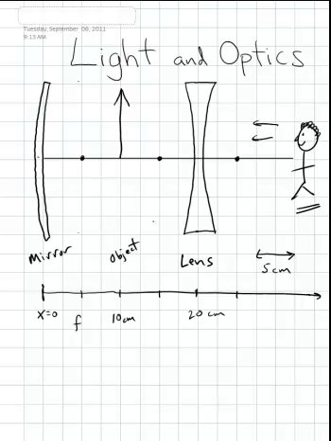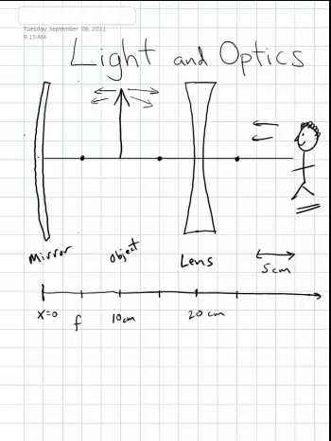So what's happening is the object, let's say it's giving off light. Some of the light it gives off is going to go to the right through the lens to your eye, and that's going to be creating one image. And some of it is going to go to the left.